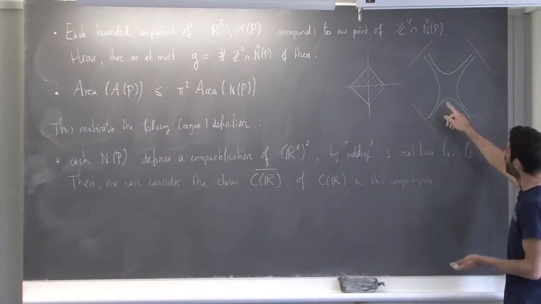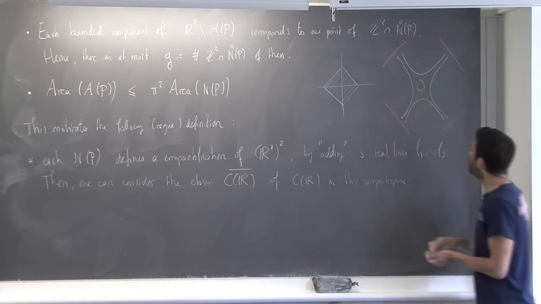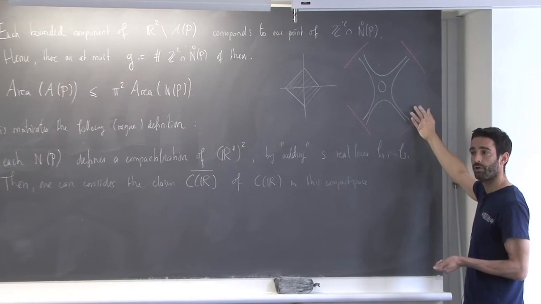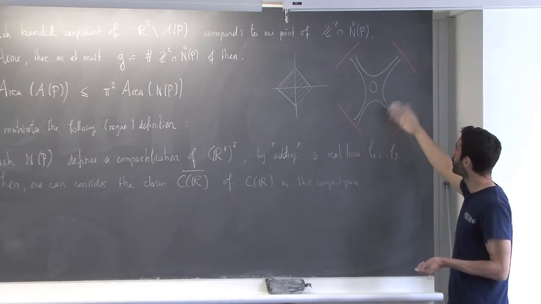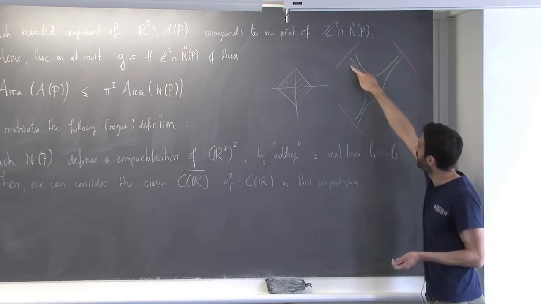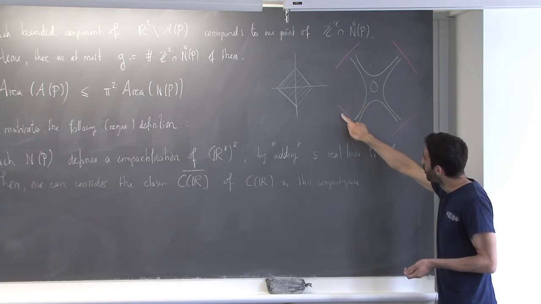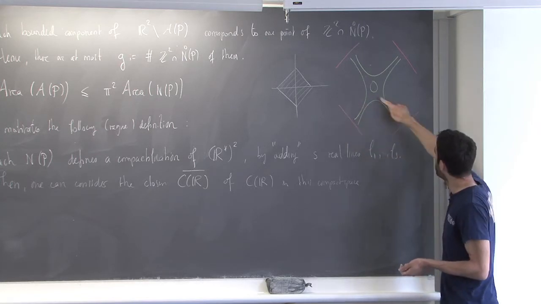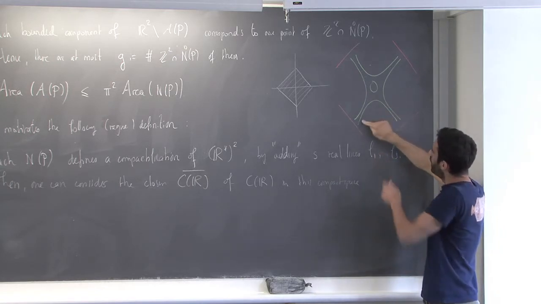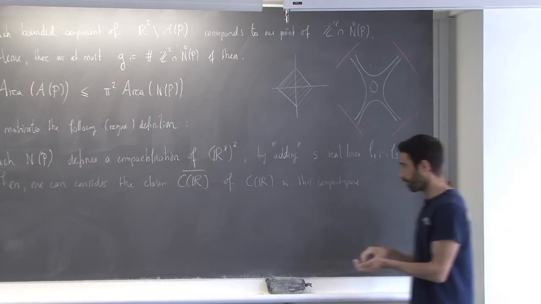For example, in this case, I will have a real curve with a certain number of components. There is one component here, and then a single component that will go like this, touch this axis once, go back here, touch once, etc. We want this big thing to be a single component of the real curve.